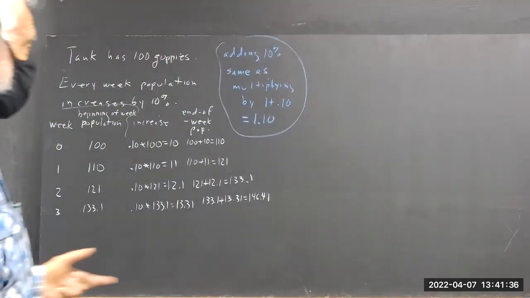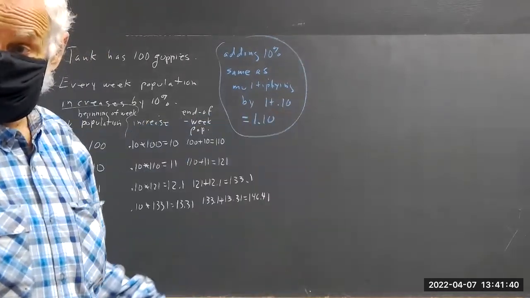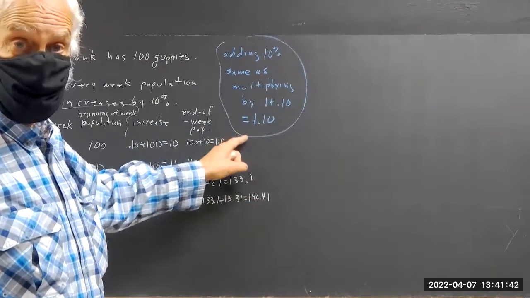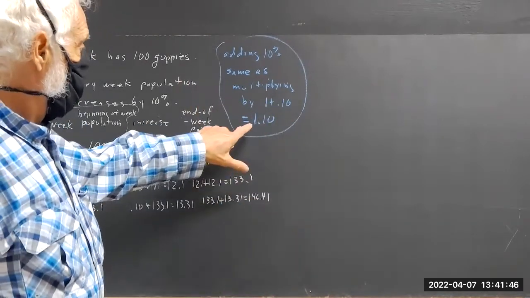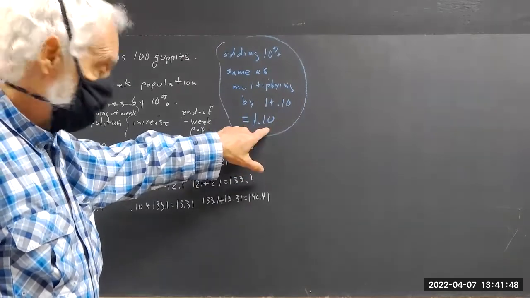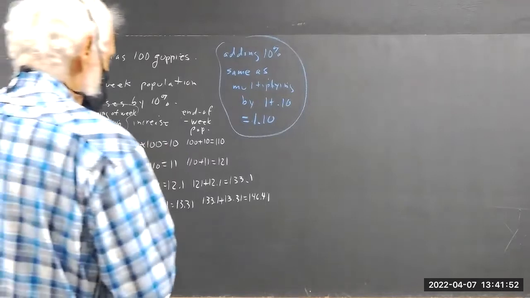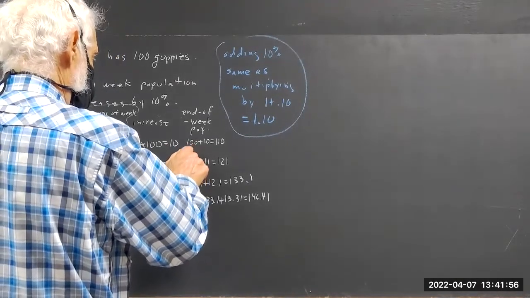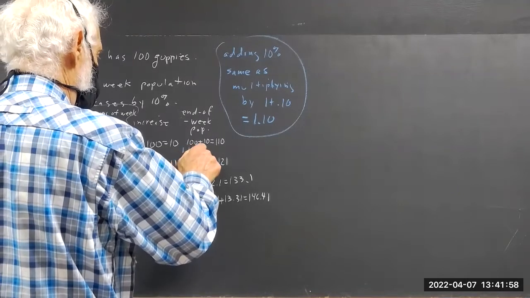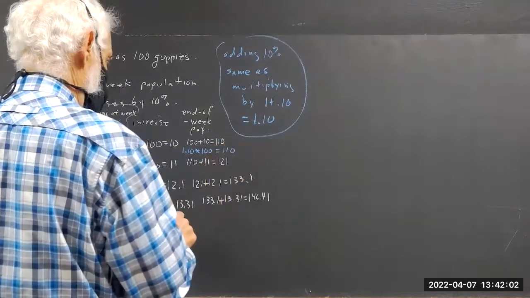Now the fact that you're adding your 100 to your 10% of 100 is kind of disguised, but not that badly disguised. You can still see it. You're going to add 1 times that number plus 0.10 times that number. So when we do this, we could also write this correctly as 1.10 times 100 equals 110.